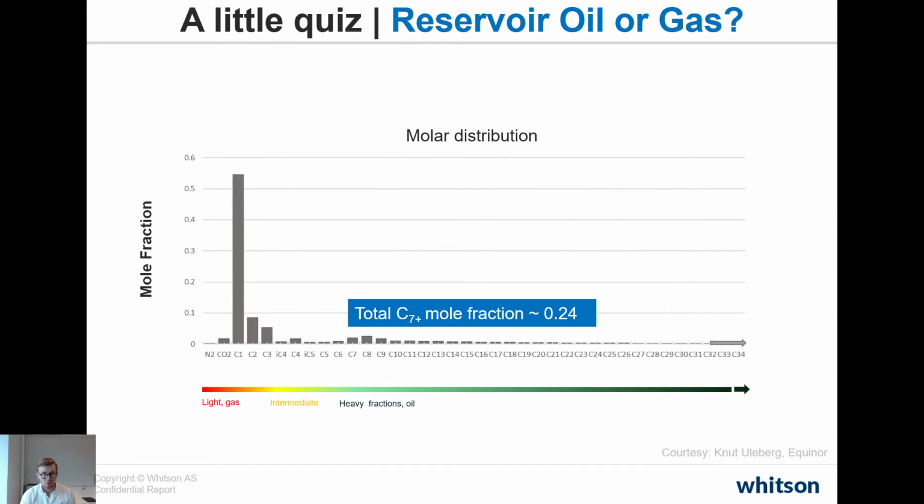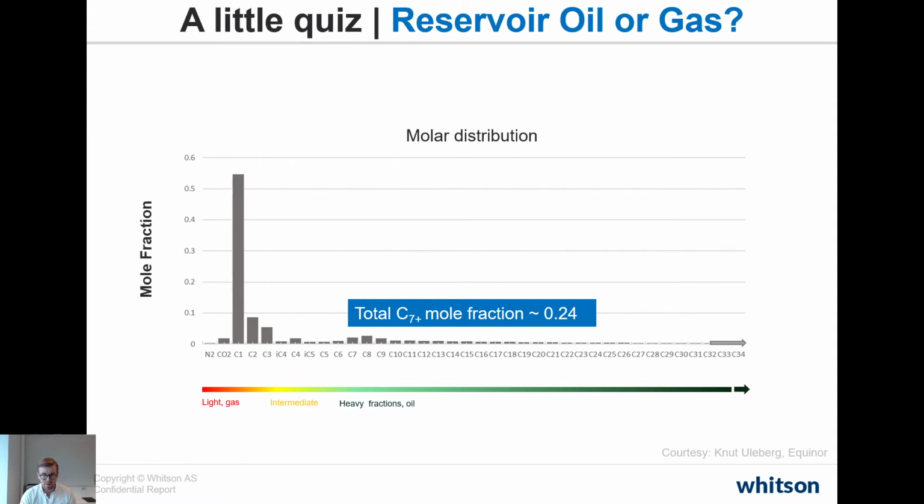And just for reference, these components in red and yellow are the so-called light and intermediate components that typically make up a gas phase. And this whole thing sums up to 1, and we can see that methane, which is a very light molecule, makes up more than 50% of the compositional measurement right here.